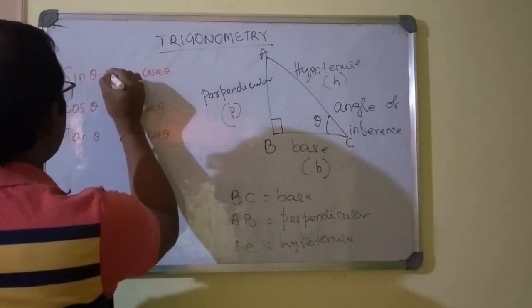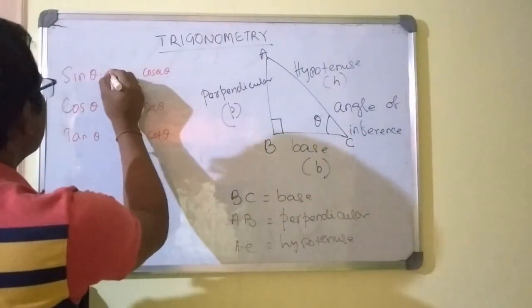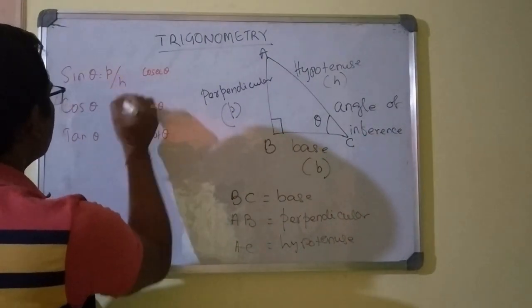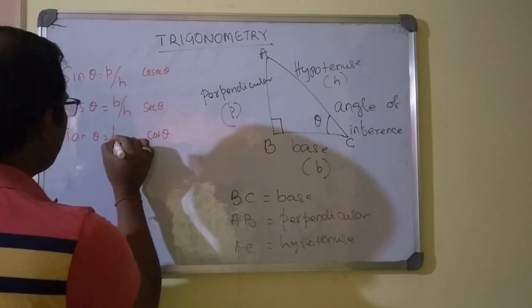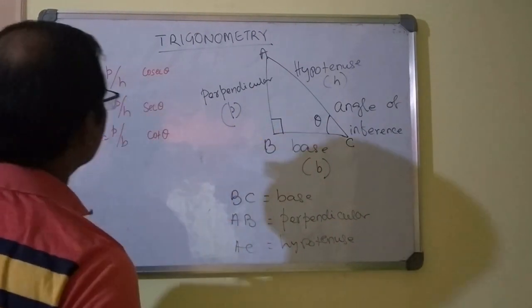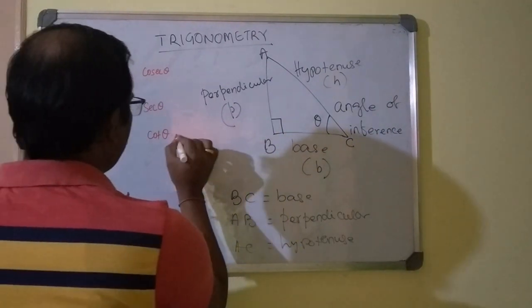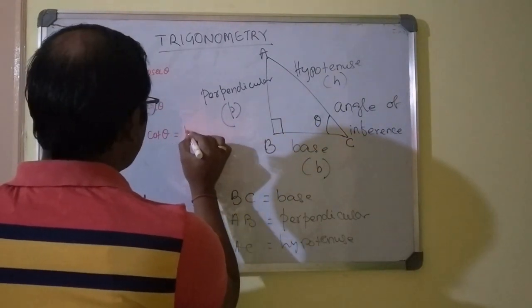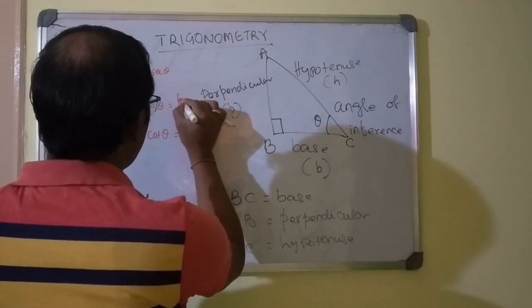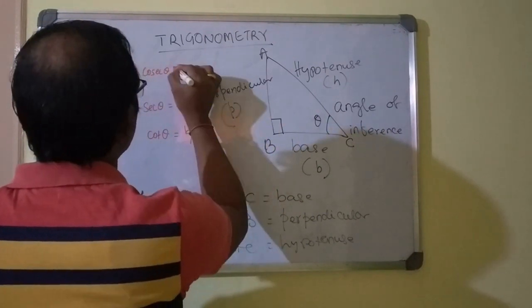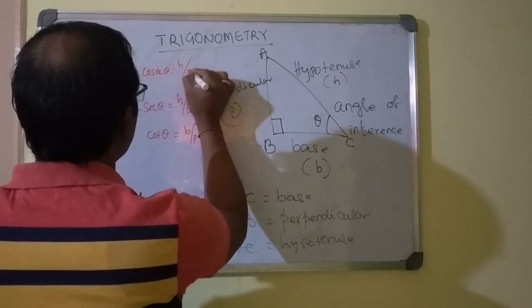Sin theta, as I have already told you, is perpendicular by hypotenuse. Cos theta is base by hypotenuse. Tan theta is perpendicular by base. Then cot theta is base by perpendicular. Sec theta is hypotenuse by base. Cosec theta is hypotenuse by perpendicular.